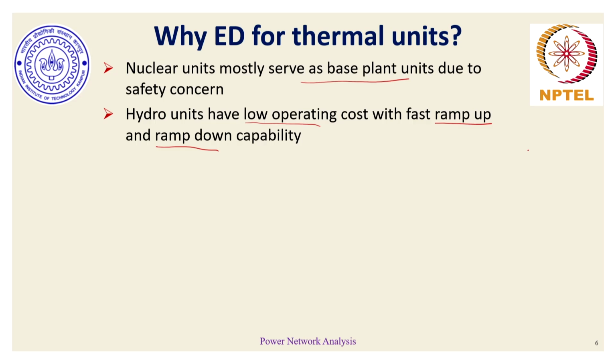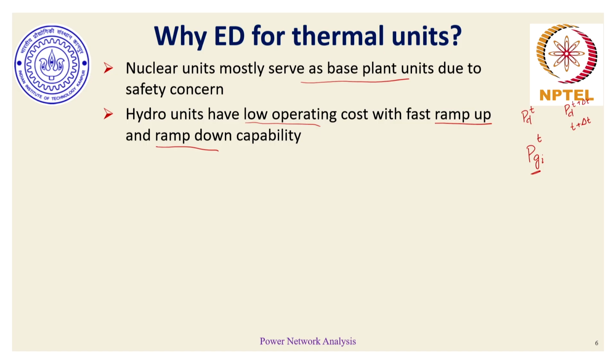Suppose there is a generator i which is generating PGi at a given instant of time, and as the load is varying with time, let's say at time T the load was PDT, and at T plus delta T the load has changed to PD(T plus delta T).